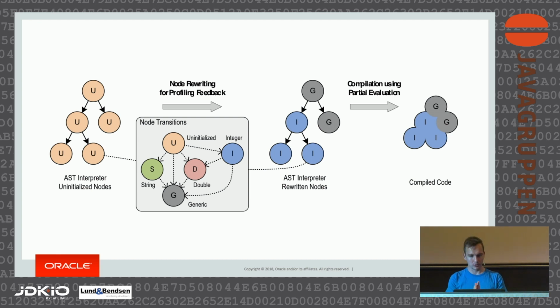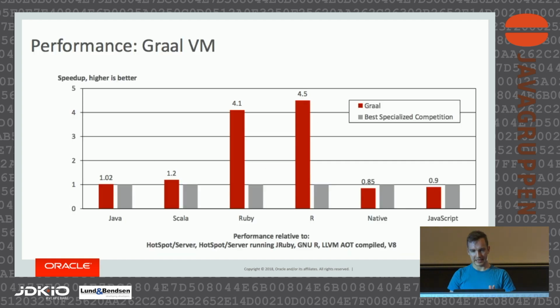Now you're wondering, how fast can it be in real life? And the answer is it's pretty fast, especially surprising because the normal JVM, for example, is such a highly optimized virtual machine. So we run the benchmarks against the best specialized competition, and this screenshot and those results are from the same paper I referenced before.